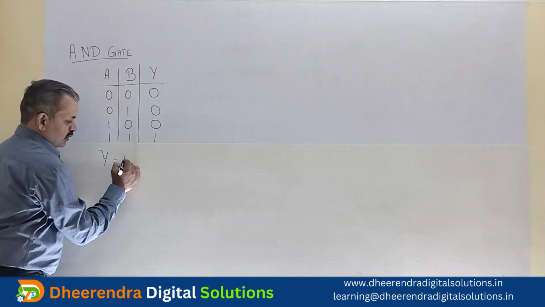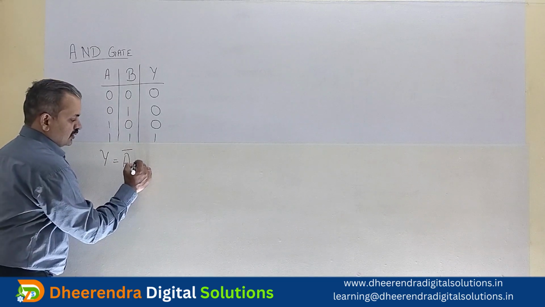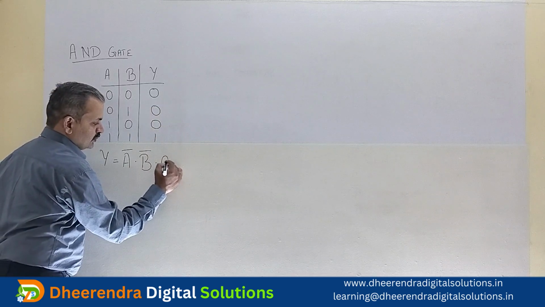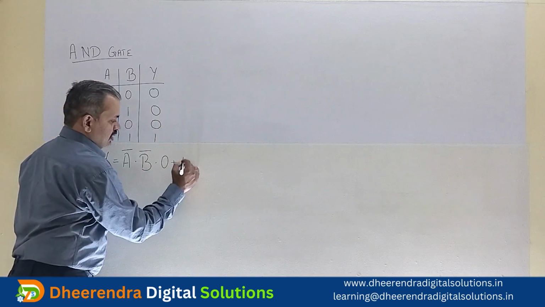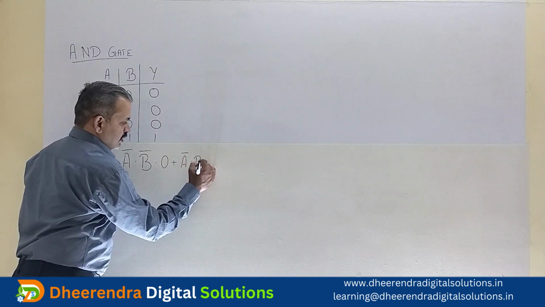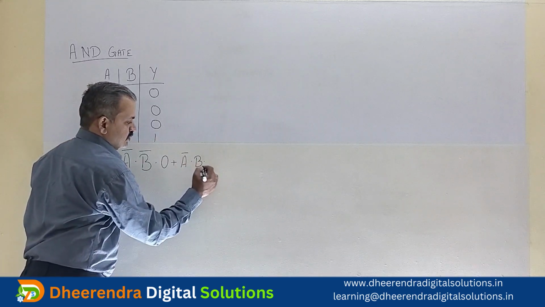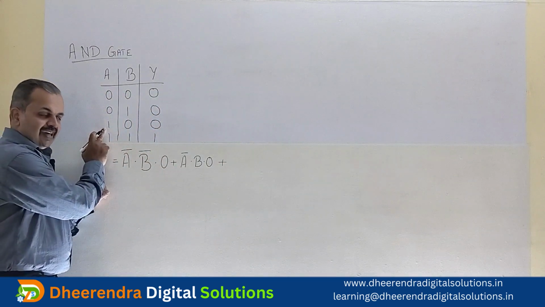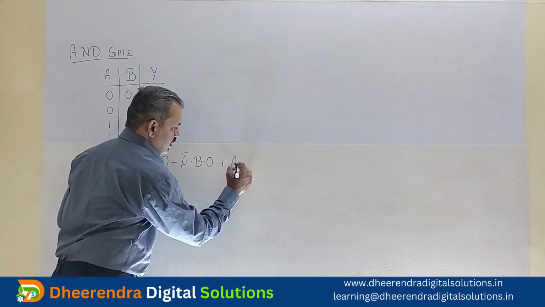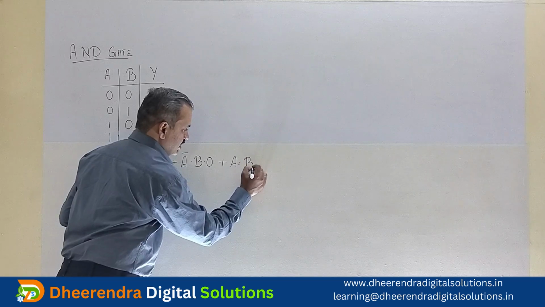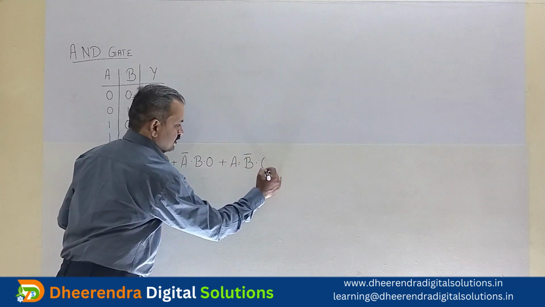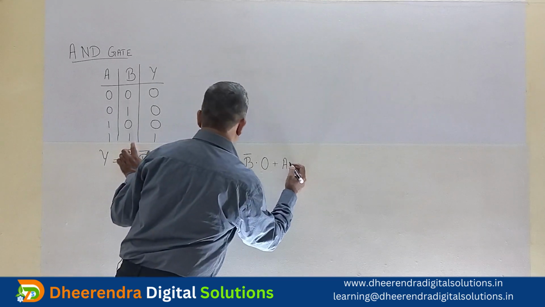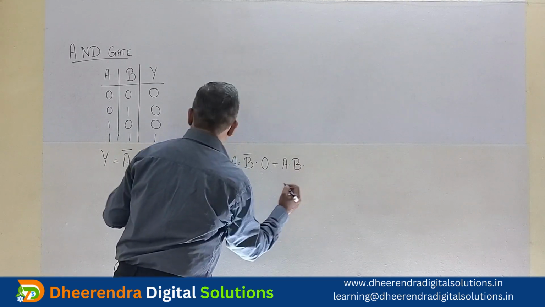Now, A is 0, so A bar dot, B is 0, so B bar dot, output is 0, so 0, plus A bar, since A is 0, dot B, output is 0, plus A dot B bar dot, output is 0, plus A dot B, because it is 1, and the output is also 1.